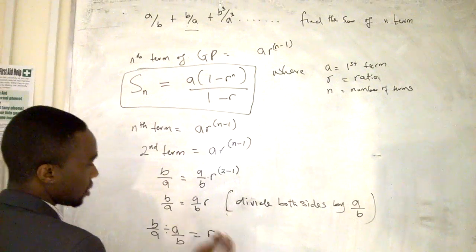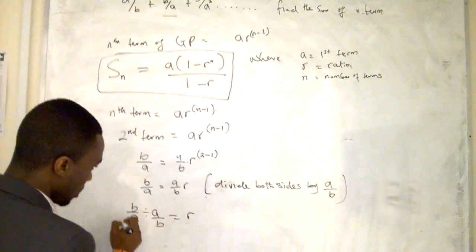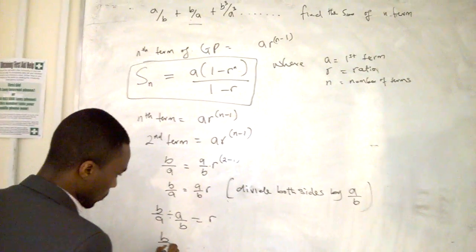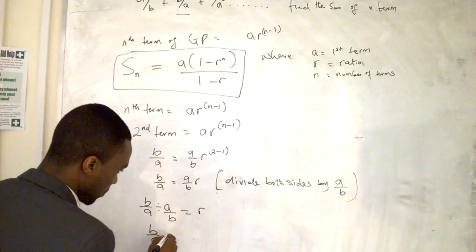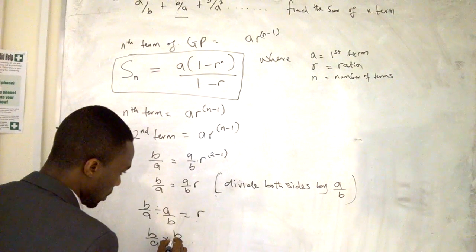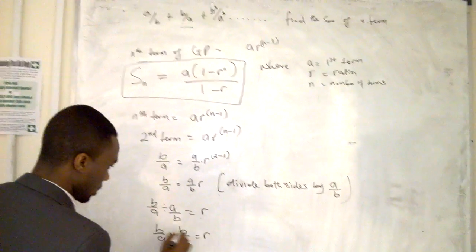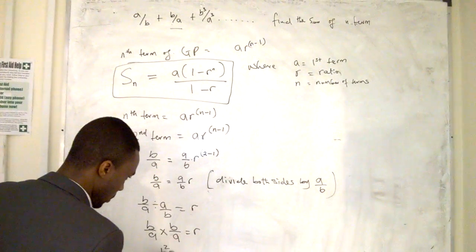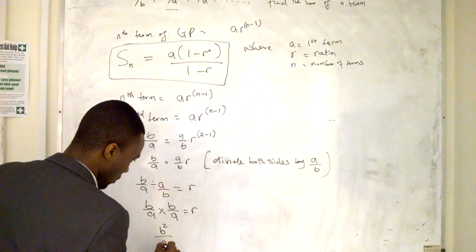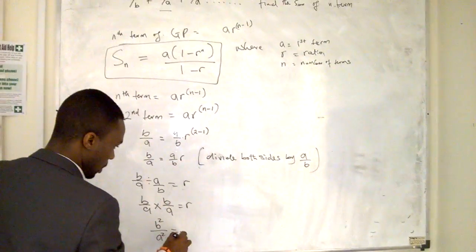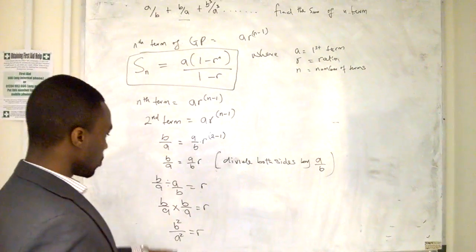So there is 1 here, you can see. So B over A divided by A over B will be times B over A equals R. So B times B is B squared, A times A is A squared. So we know that our R is B squared over A squared.